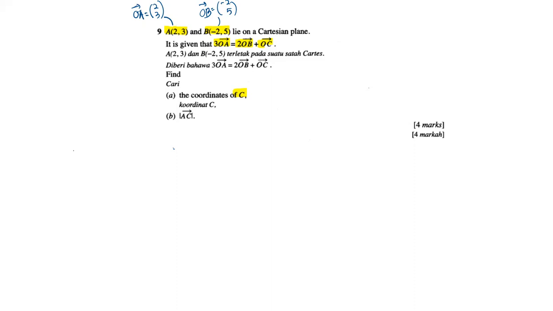Part A: 3OA equals 2OB plus OC. OA is 2, 3. OB is negative 2, 5. And then I want to find OC.